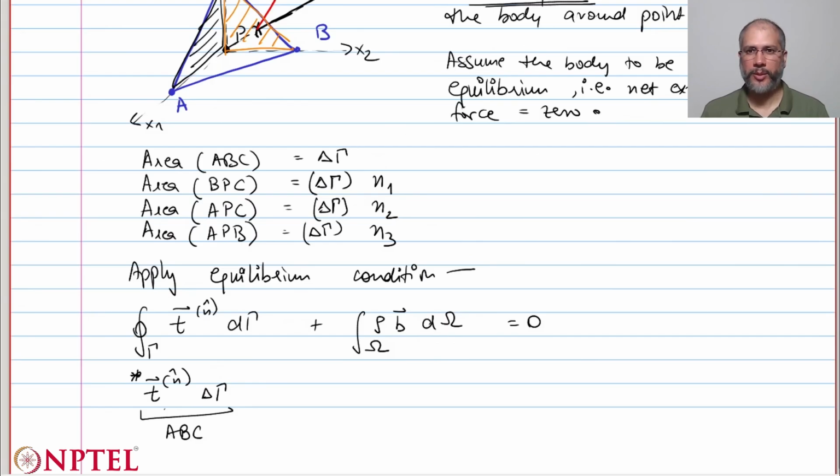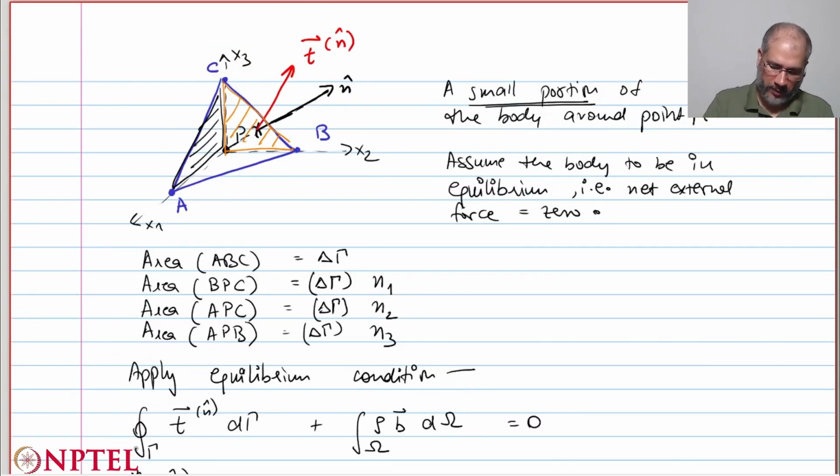But later we'll take the limiting case where the tetrahedron collapses to the point P, and in that case the area ABC will all collapse to the point P. But for now we are putting a star here for clarification. So I'll go back to the figure and put a star here to denote the fact that this traction vector is an average value over the plane, and it could also be slightly away from the point P.